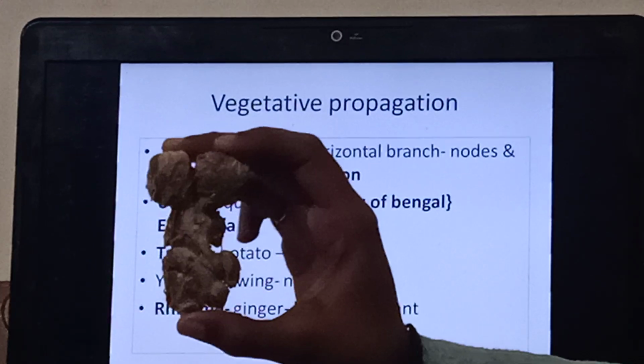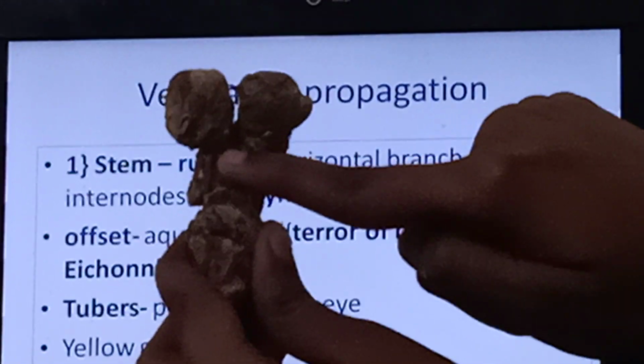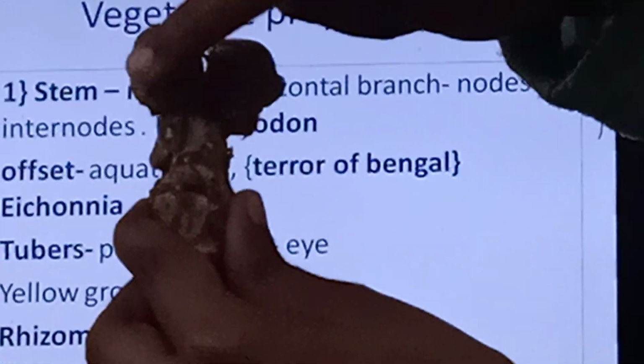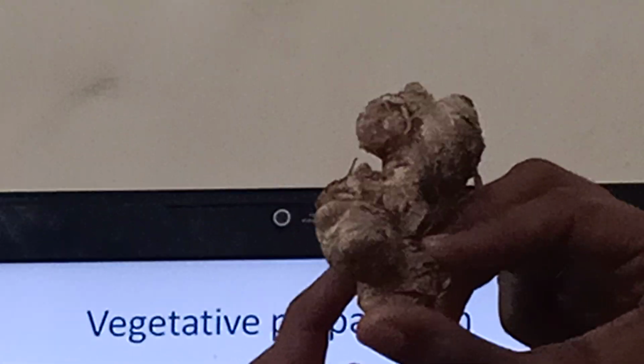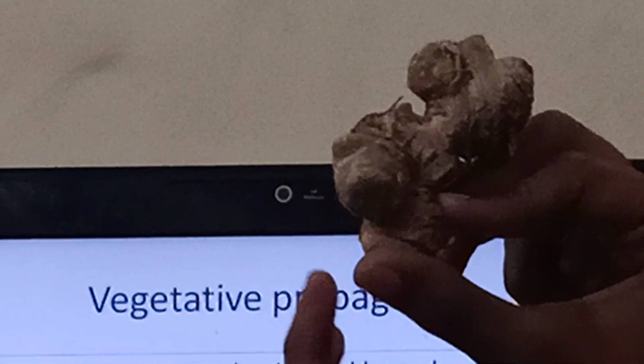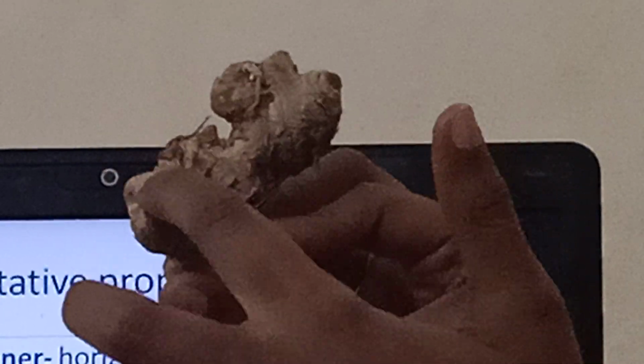This is ginger. There are some lines. This one part is a node and this one part is an internode. New plants develop from the node portion, not from the internode. You can see this carefully.